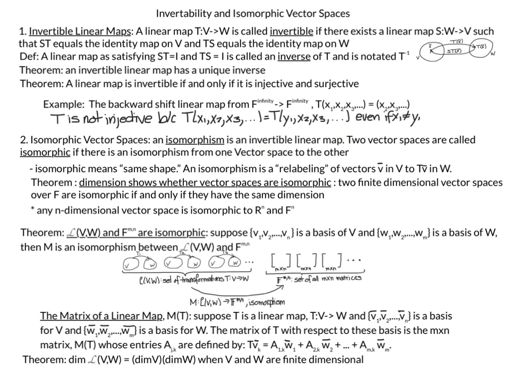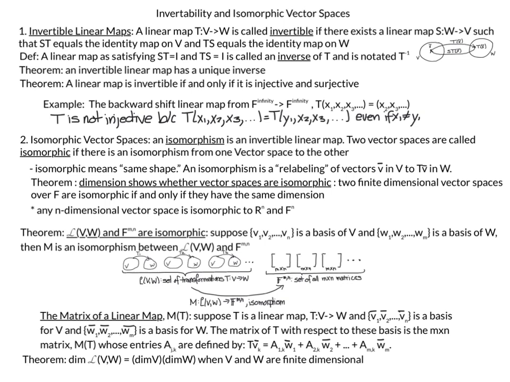So an isomorphism is essentially a relabeling of the vectors v in the vector space V to Tv in the vector space W. And because this is an isomorphism that is injective and surjective, and also because T is a linear map, that also means the structure you have on your space is preserved. The structure you get from vector addition and scalar multiplication is preserved.